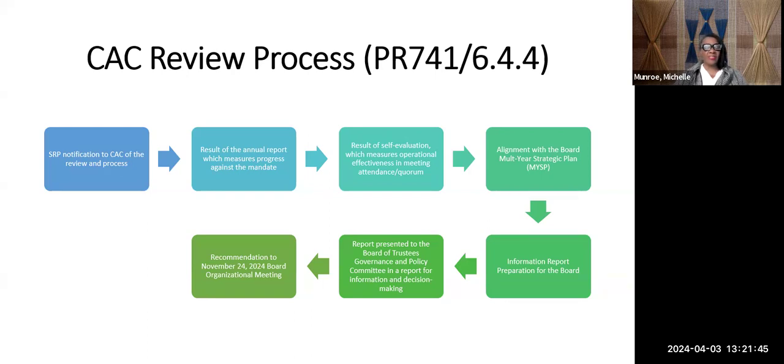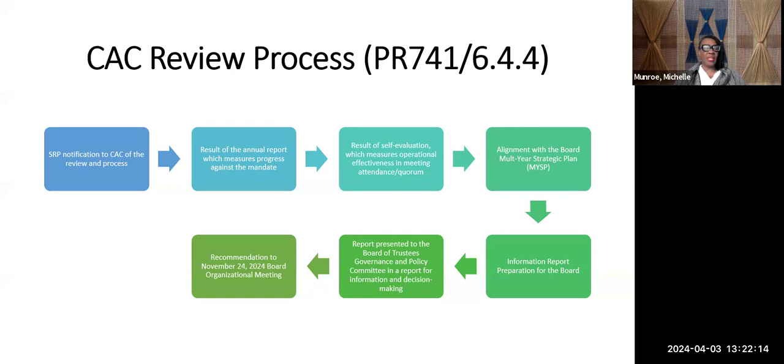One of the best practices my office is encouraging with staff is that this report gets shared with the CAC co-chairs, so that there'll be no surprise as to what that template will entail or what the report and the information is. And I want to emphasize very clearly that staff does not have the purview over community advisory committees. As mentioned earlier, staff does not have the purview to dissolve or to establish.